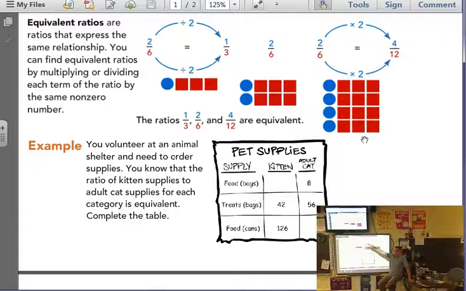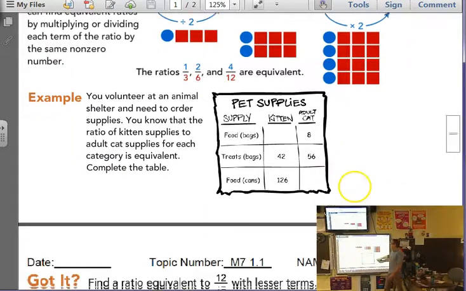Because if I have 2 of something compared to 6 of something, it's the same as having 1 to 3, or the same as having 4 to 12. And we could keep doing this process for infinity. There are infinitely many equivalent fractions that all would reduce back to 1/3.